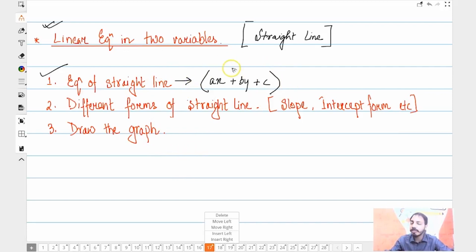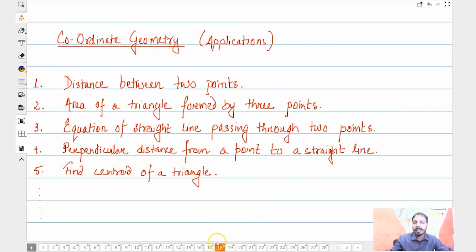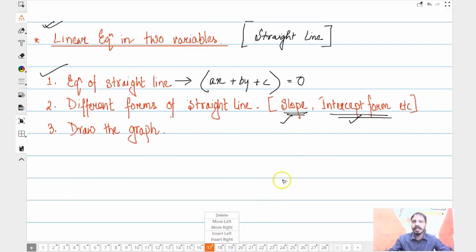Now this can have different forms also, right? For example, you can have the slope form and the intercept form. These are very important forms, but in class 9 you don't really learn or have the application of this. As you go further, you get a wide application of the slope form and intercept form.